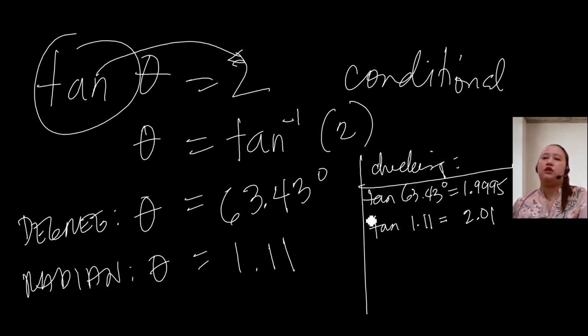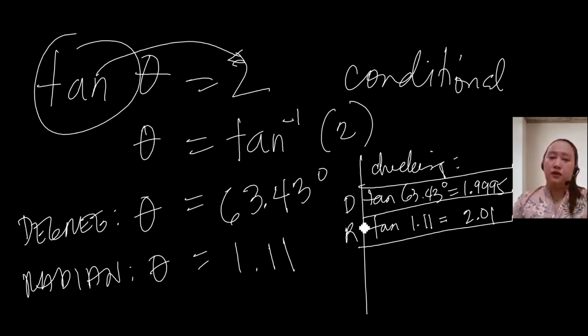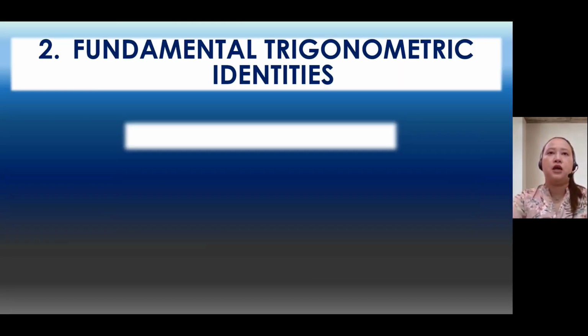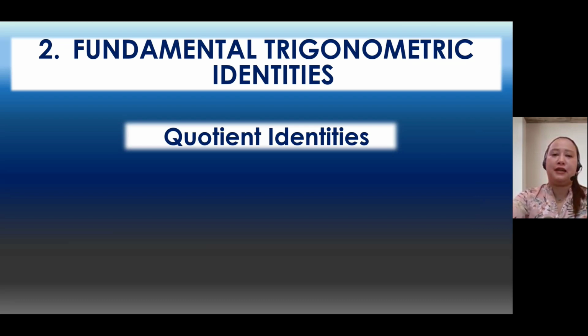Okay, so checking. This is for degrees, then this is for radians. I would suggest that if ever you found out that the equation is conditional, you have to solve for that theta by applying inverse.